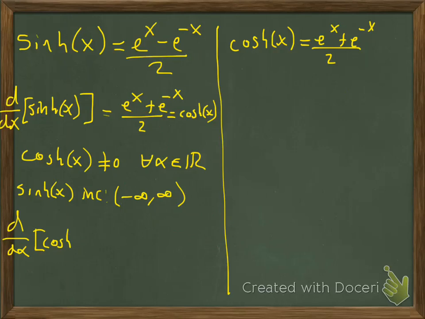So take the derivative of the derivative: the derivative of e to the x is e to the x, and then the derivative of e to the minus x will be minus e to the minus x, all over 2, and we just saw that. That's the sinh. So the pattern's a little bit quicker than it is for the regular sine. We just go sinh, cosh when we're taking derivatives, whereas with regular trig functions, we go sine, cosine, minus cosine, sine, cosine, minus cosine, and so on.